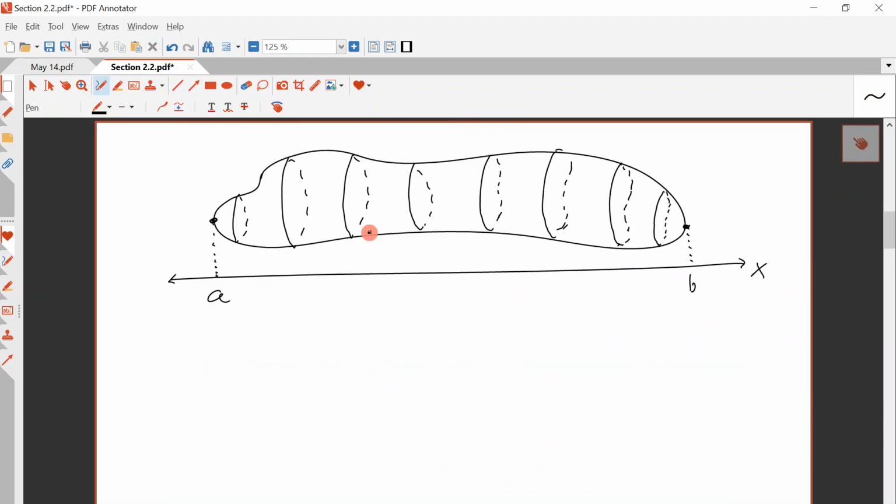Alright, so at a given x coordinate, say right here, here is the slice of the solid perpendicular to the x-axis, and say the area of the perpendicular slice is A(x), meaning a function in terms of x.